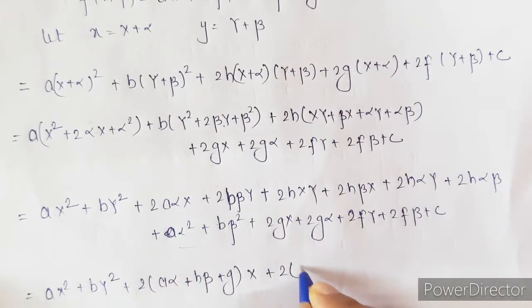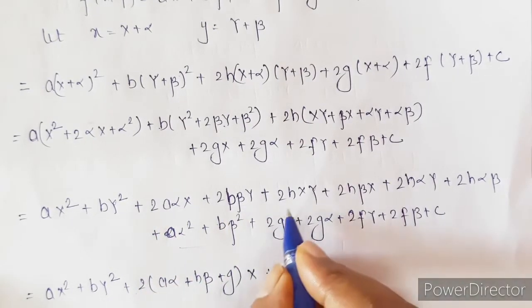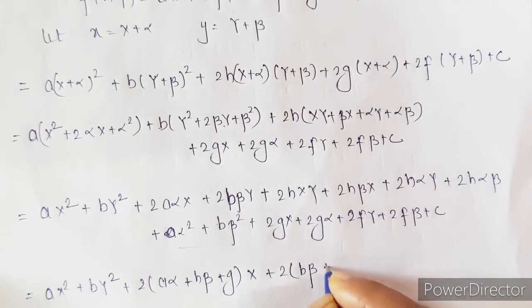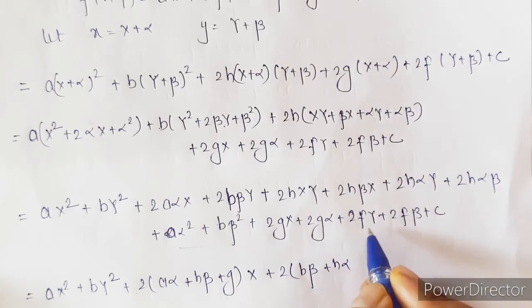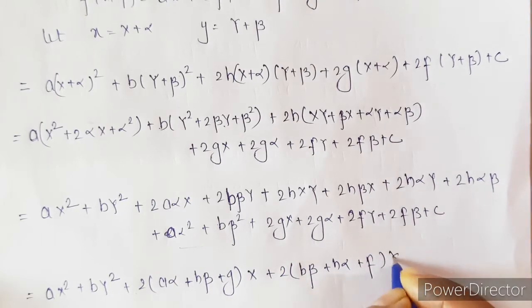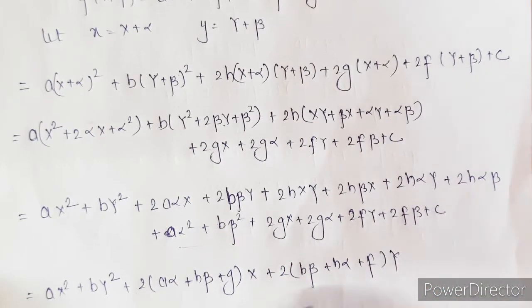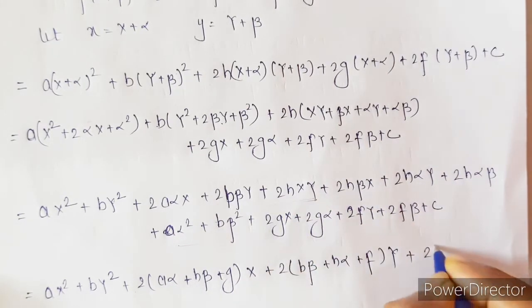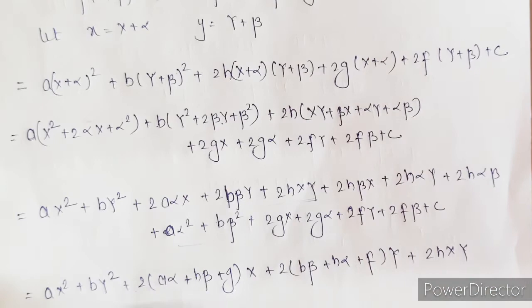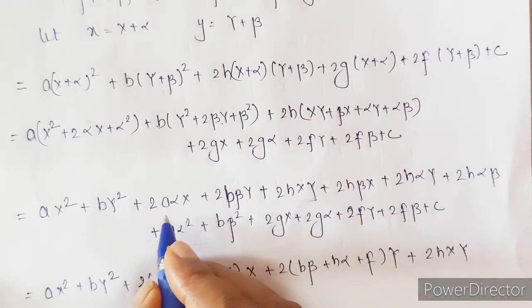So starting with this is bβ, next is hα, and the next is f times y. Then we have this term 2hxy.